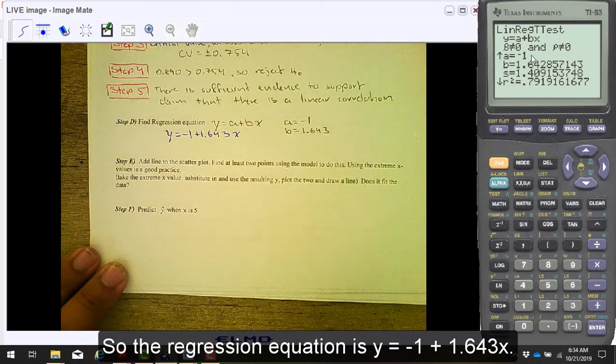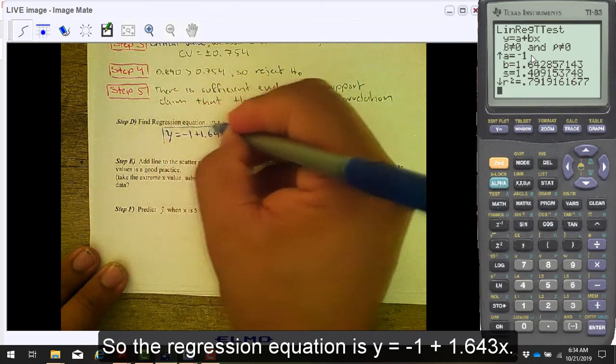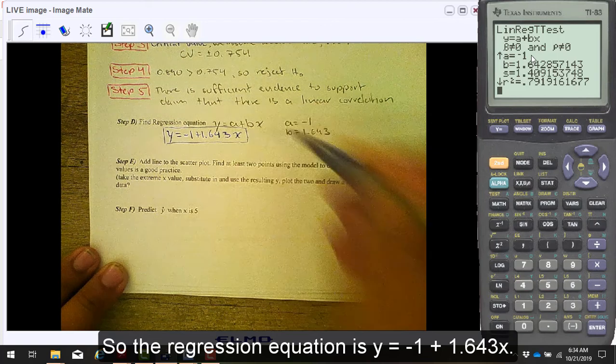So the regression equation is y equals -1 plus 1.643x.